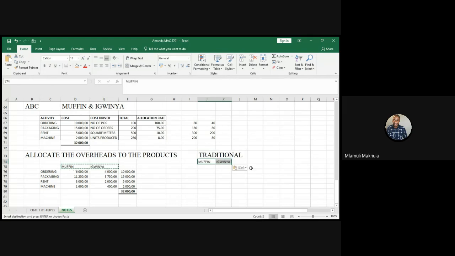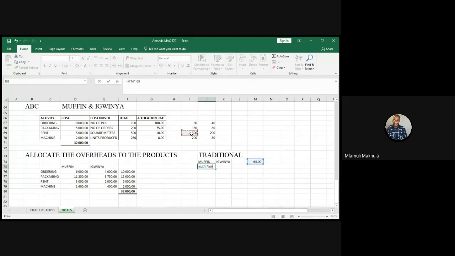A traditional would have said you've got 32,000, divided by your square meters, 500. Then you get an allocation rate of 64. And then you'll say 64 times how many square meters for the muffin?